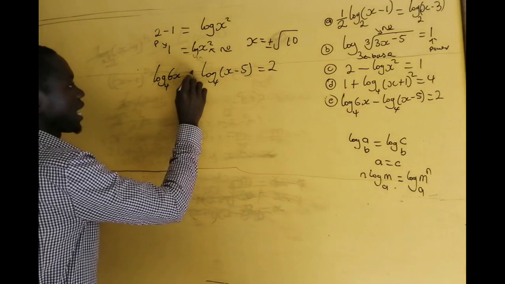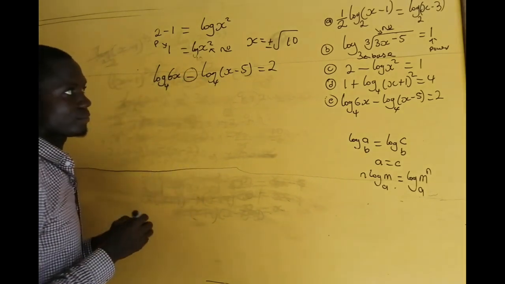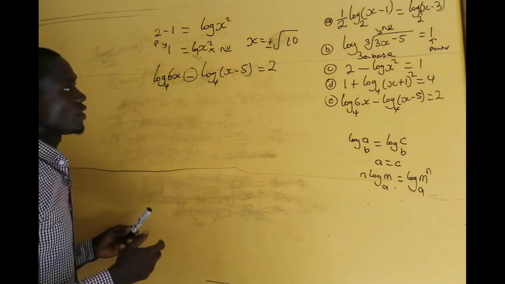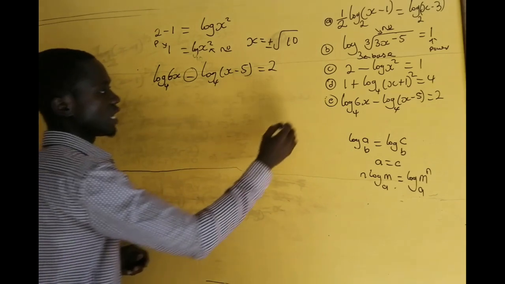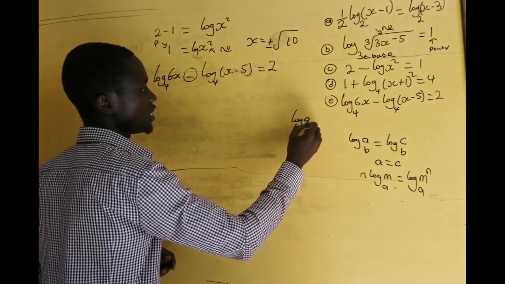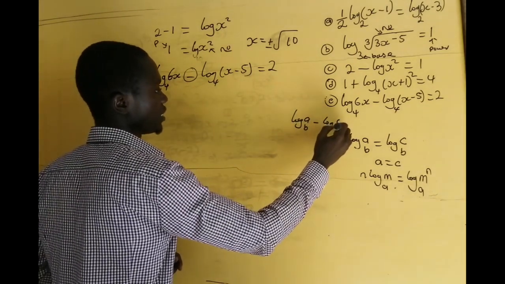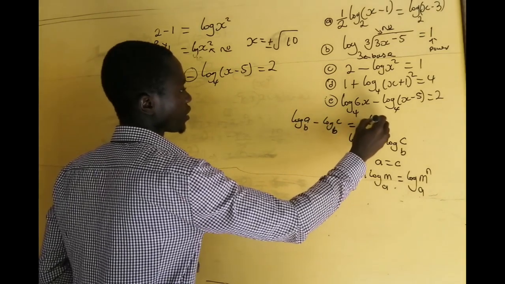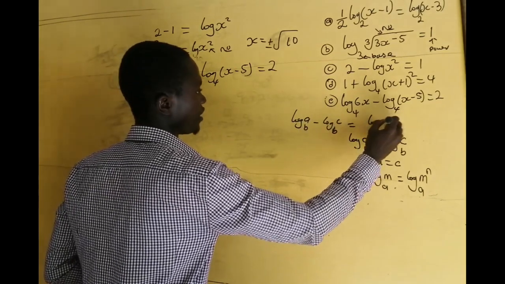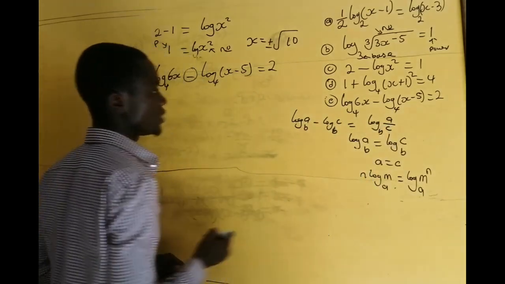You see that here we have a minus sign. So if you have a minus sign for the logarithm, that is if you have log a base b minus log c base b, then we take log of the number a divided by the number c to the base b.